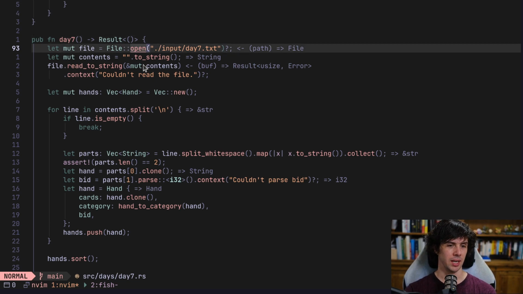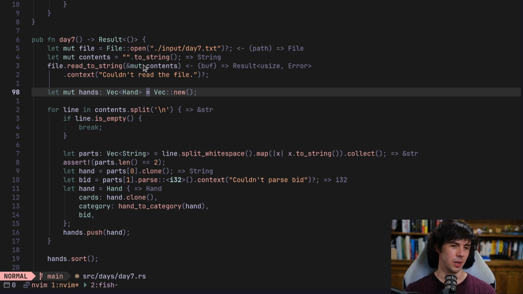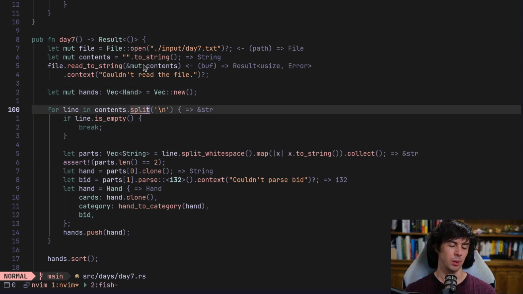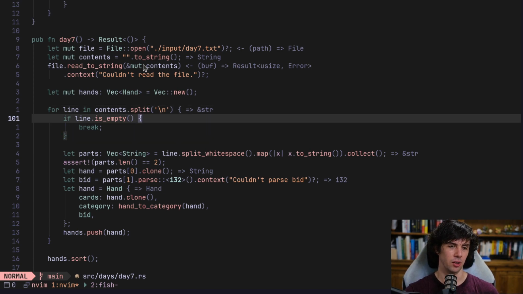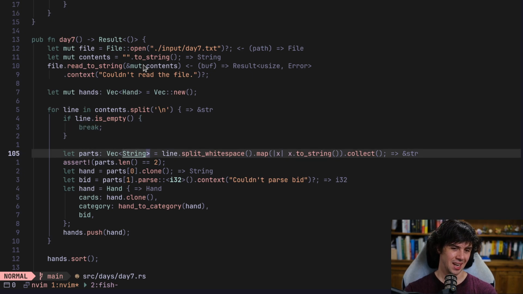We start here again, parsing our input file into a string. We have an empty vector of hands that we're about to fill up, and we loop through every line in that file. We skip over empty lines, because occasionally when I copy and paste, I add an extra empty line at the end. And then we parse the line. We split it in half.